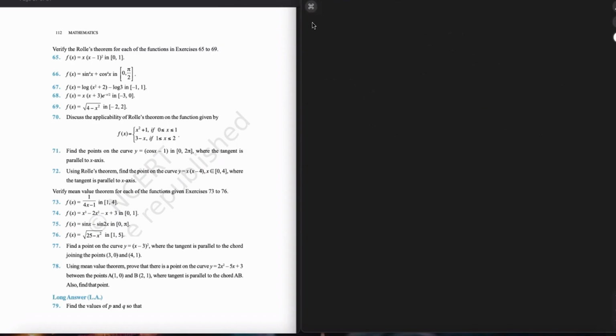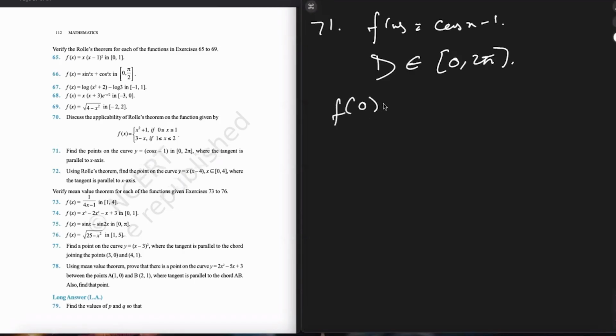Now, in question number 71, it is asking the same thing. f(x) is equal to cos x minus 1 and the domain is [0, 2 pi]. At f(0), 1 minus 1 is 0 and f(2 pi) is also 0.